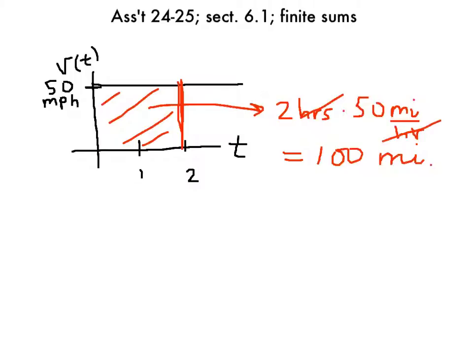And so the area under this curve, because it's base, which is time, times the height, which is velocity, and we know that distance is equal to rate times time, the area under that curve actually gives us the answer to the question, which is how far do you go?